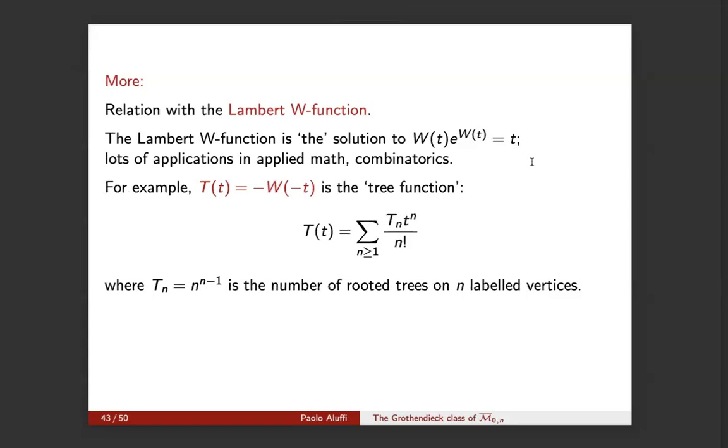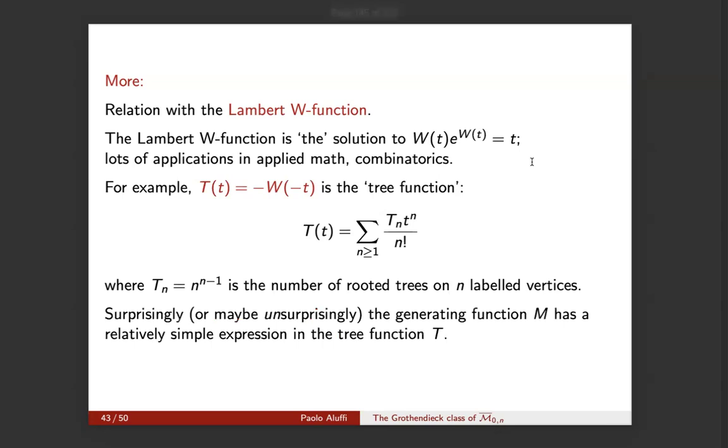Here's a combinatorial observation. If you take negative Lambert W of negative t, what you get is the function that counts rooted trees. Unsurprisingly, because Manin's work was all about generating functions counting trees.